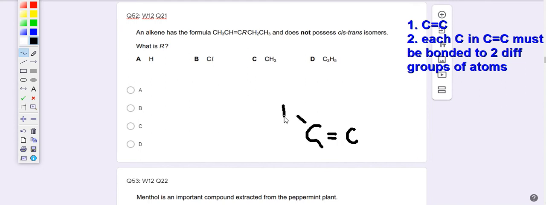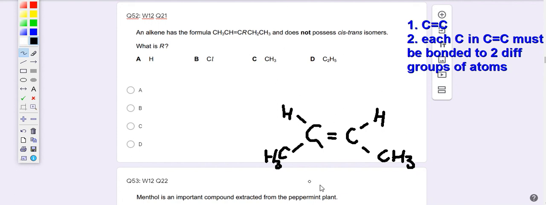This carbon is bonded to H and CH3, which are two different groups of atoms. And this carbon is also bonded to one H and an alkyl group. So both carbons sharing the double bond are bonded to two different groups of atoms each.